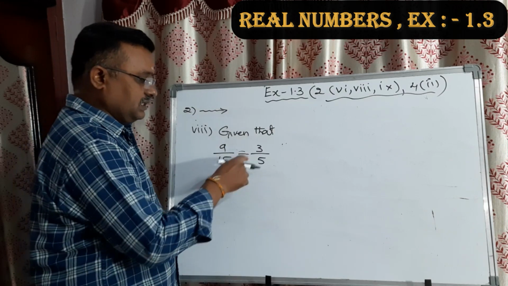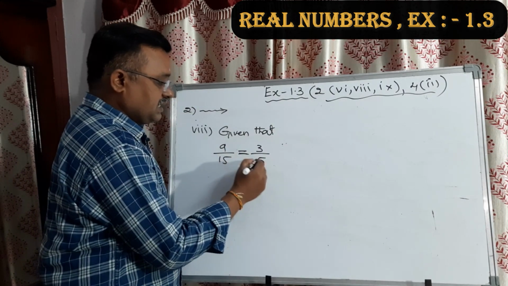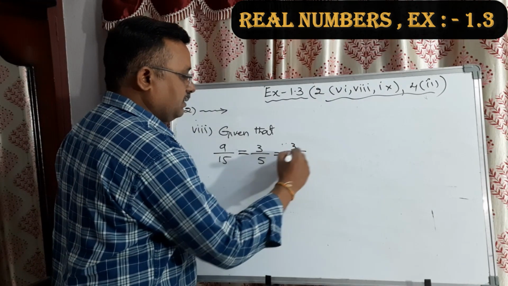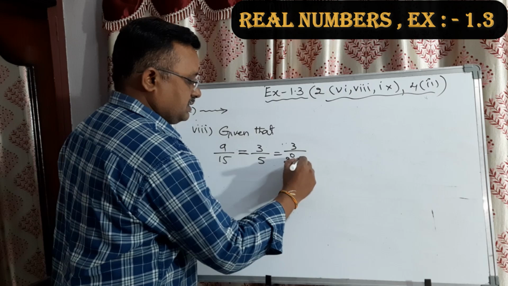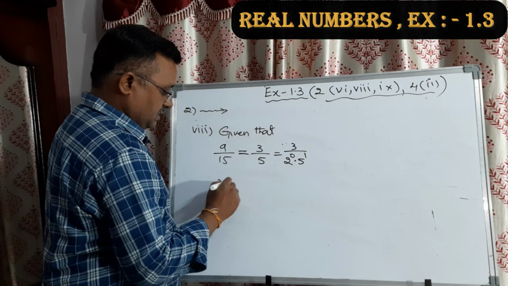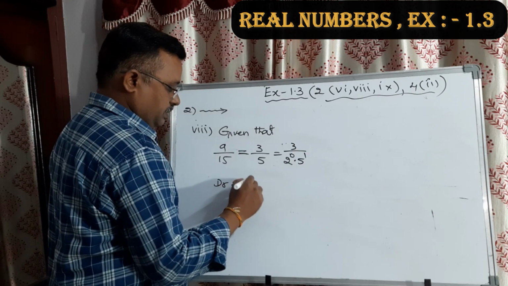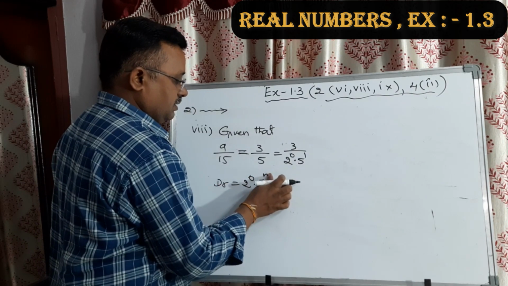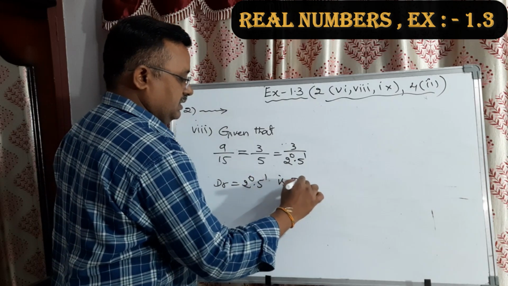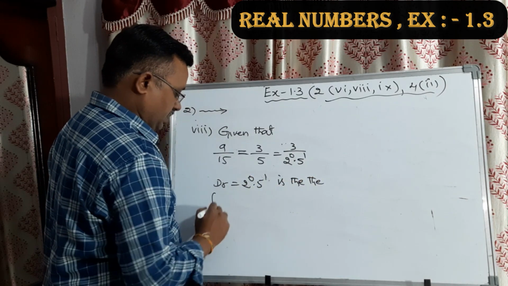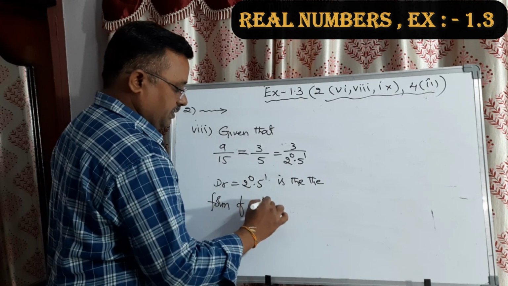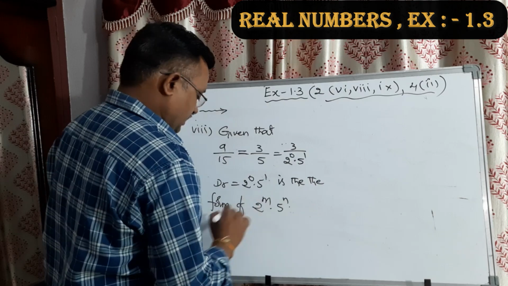Okay, now the denominator is 5. So you can write this as 3 by 2 power 0 into 5 power 1. Automatically, the denominator 2 power 0 into 5 power 1 is in the form of 2 power m into 5 power n.